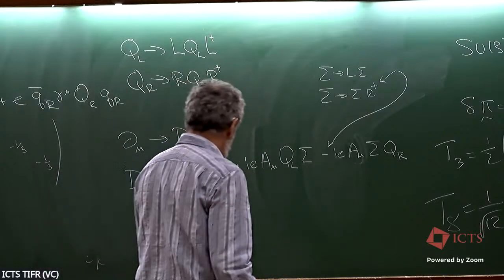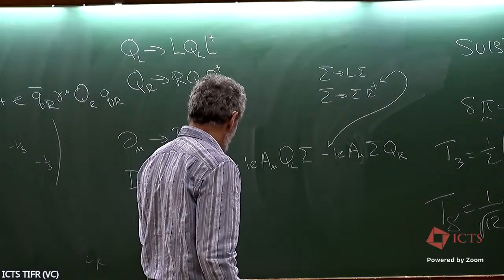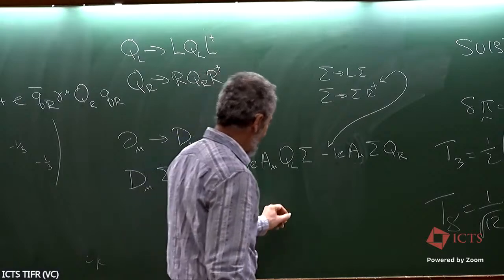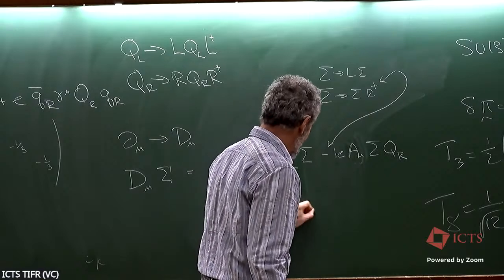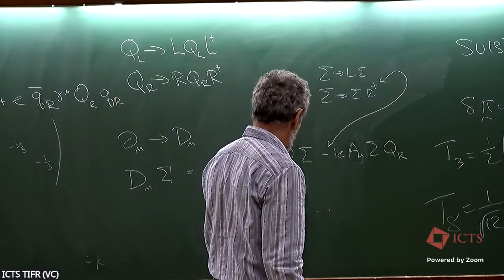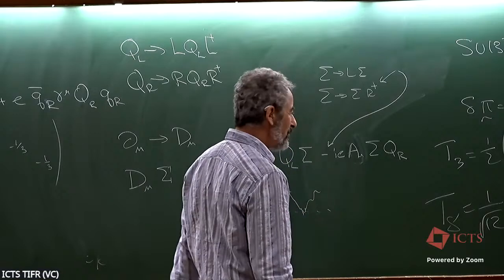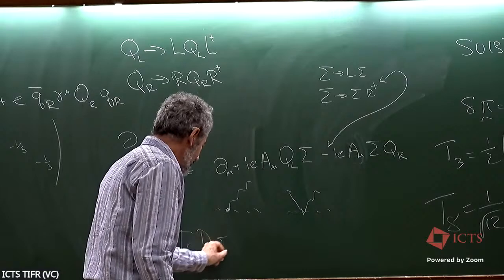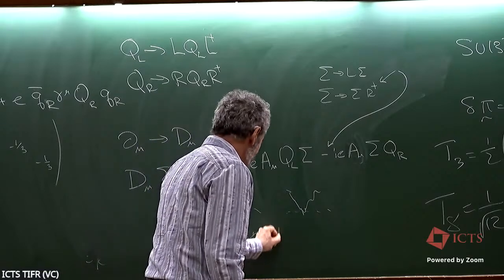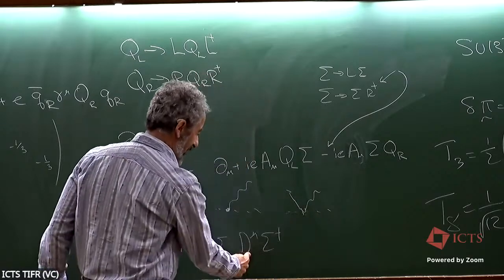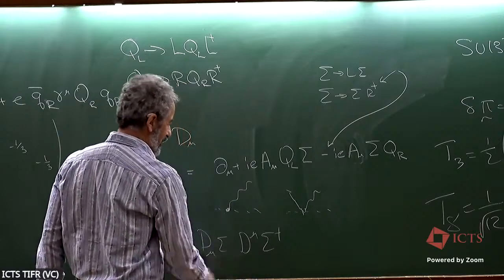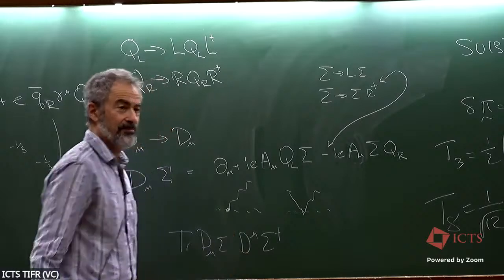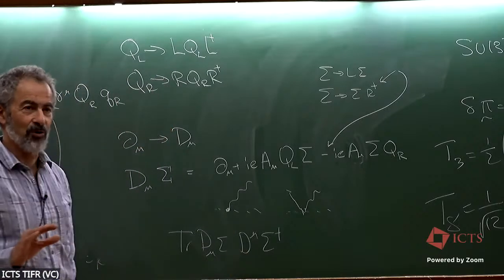And this gives you the usual types of diagrams where, if you have a pion here, you can have either a direct coupling like this, or a seagull type term coming from the trace of D mu sigma dagger. In the seagull term, you're taking the A field from both of these, while here you're taking a derivative from one and the A from the other. It's the usual thing for a scalar field.